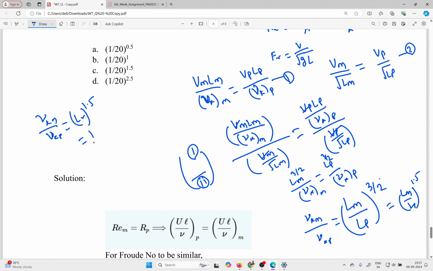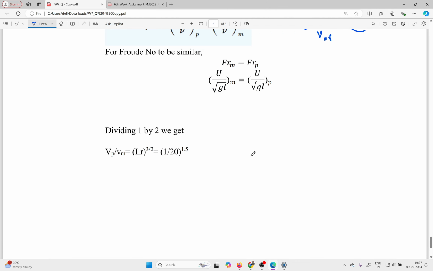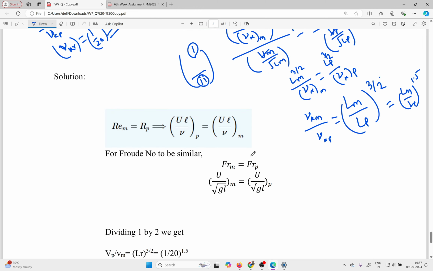Lr is given as 1 by 20, and this you can write as nu Kr, that is the ratio, to the power 1.5. So your option C will be correct according to this method. Yes, your option C will be correct.